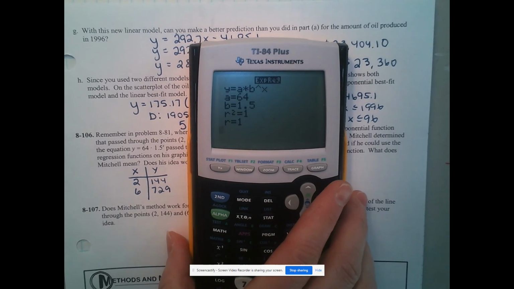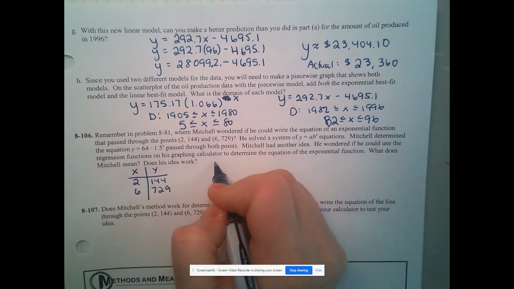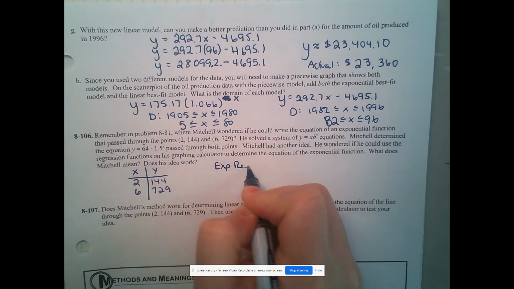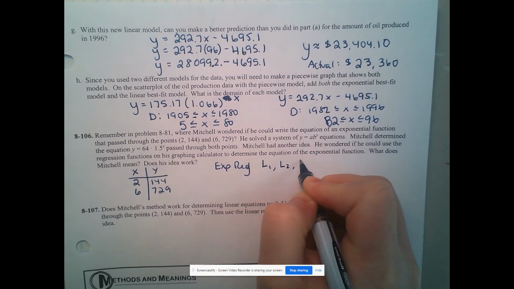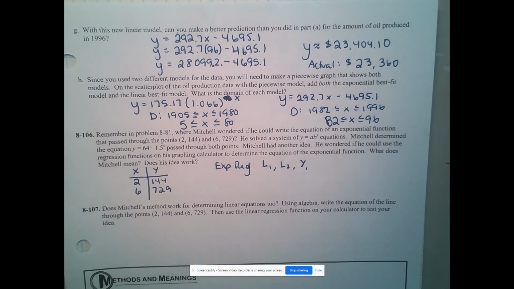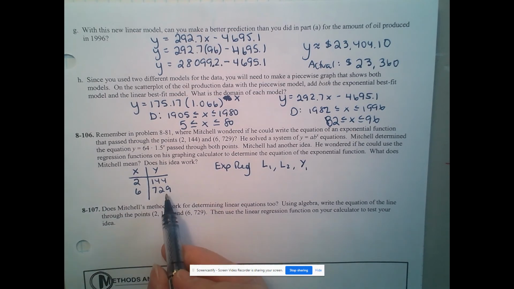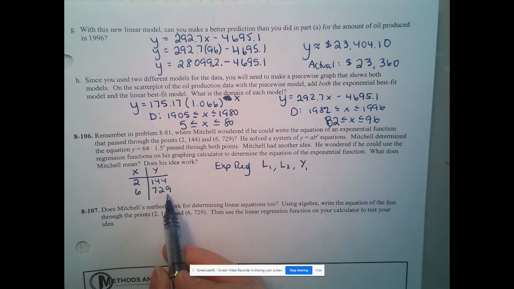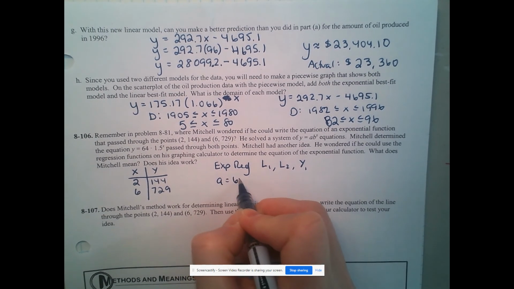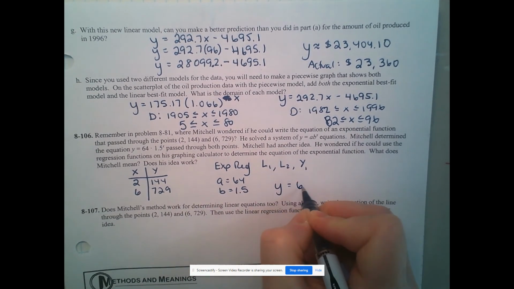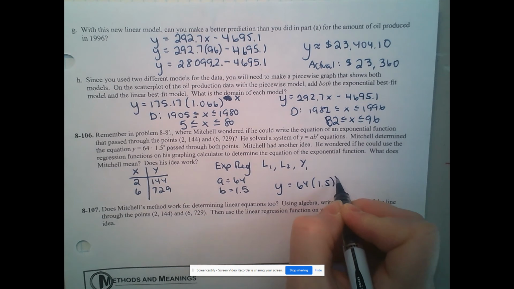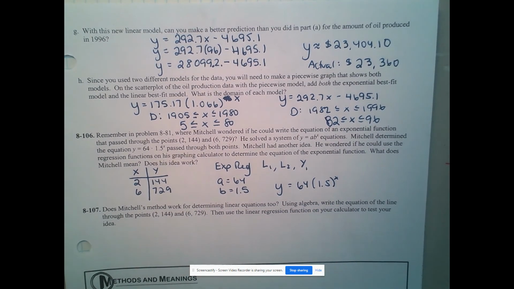So if we use the exponential regression and we use list 1, list 2, and we save it as a function in y1, we got that A equaled 64, we got that B equaled 1.5, and it will still give us the same equation that we got from doing all of the calculations on 8-106.